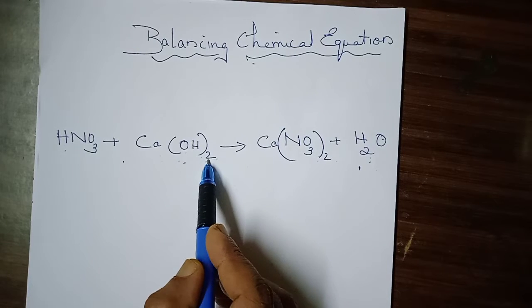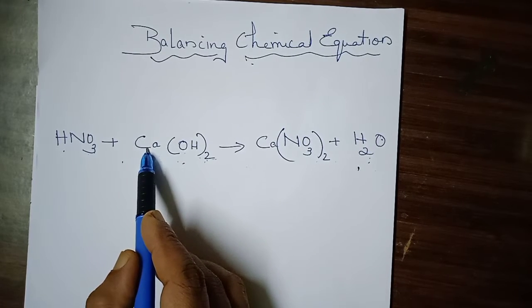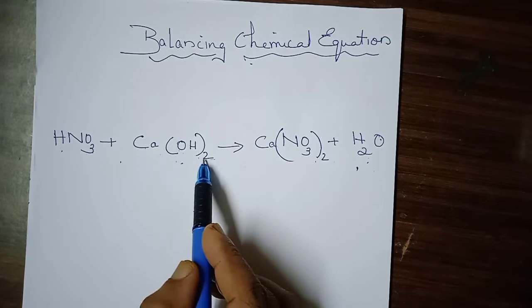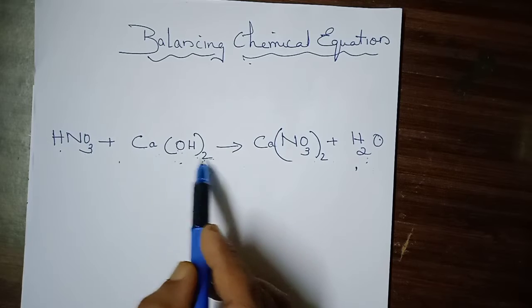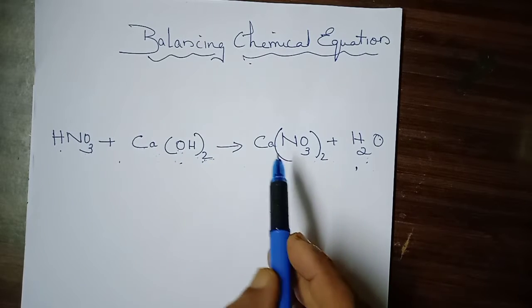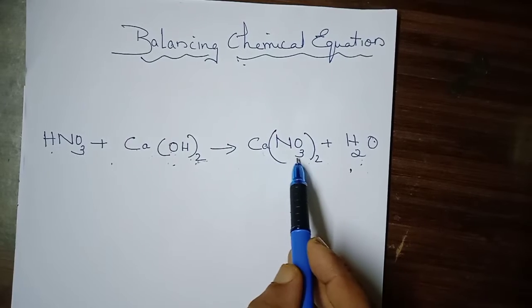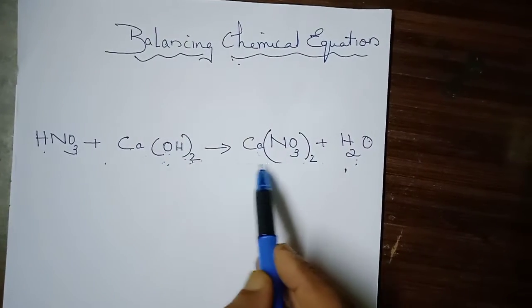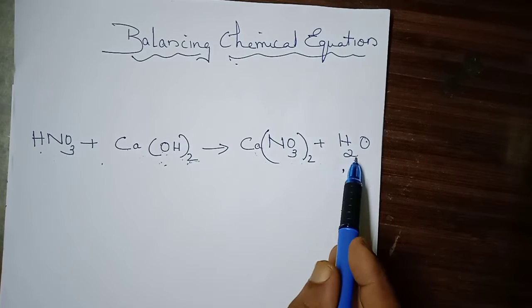This 2 is actually the valency of calcium, and hydroxide has a valency of 1. So that is why we have the 2 from the crisscross. So Ca(OH)2, calcium hydroxide. Similarly here, calcium nitrate. So when nitric acid reacts with calcium hydroxide, it gives calcium nitrate and water.